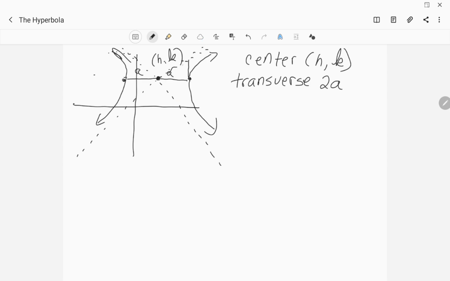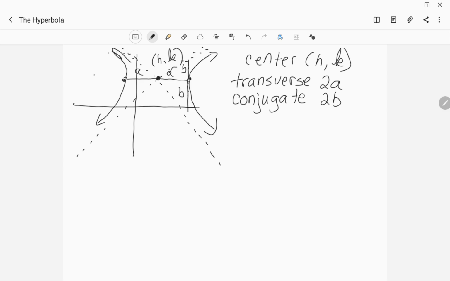However far that is called your B. It would be the same distance, although not in my terrible drawing, but it would be the same distance down to get to your asymptote. So that would also be B. The axis to go from one asymptote straight through your vertex to the other asymptote is called the conjugate axis.